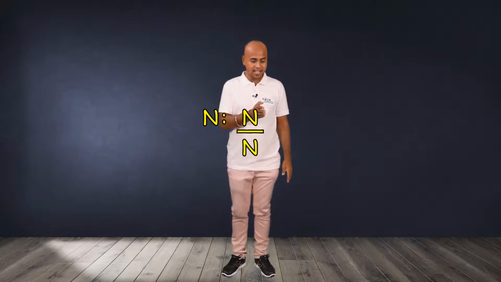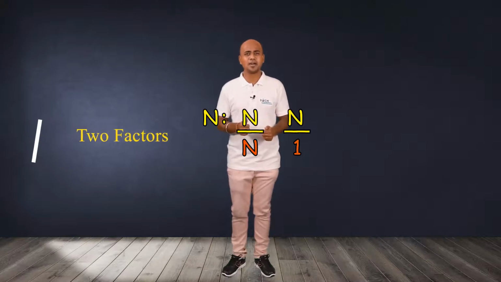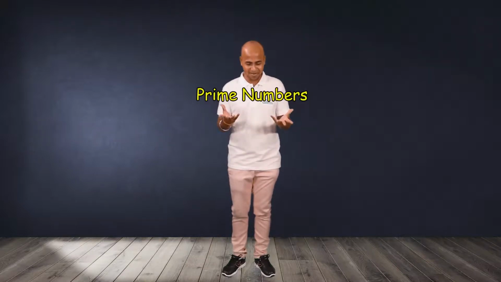So, what are prime numbers, my dear friends? The prime number definition says any number n wherein n is divisible by itself and divisible by 1 strictly. That means the number has only 2 factors. Such numbers are known as prime numbers.